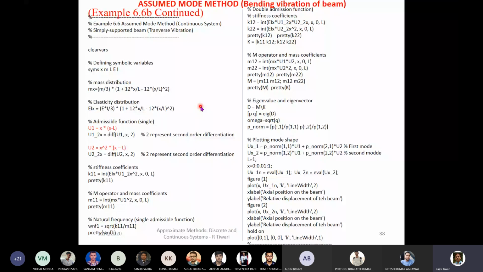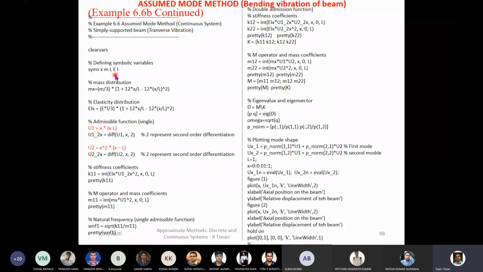This particular code can do all those integrations directly, and it can even plot the mode shape. Here you can see these are the symbolic variables which we'll be using: x is the displacement location, mass, length, Young's modulus, I.